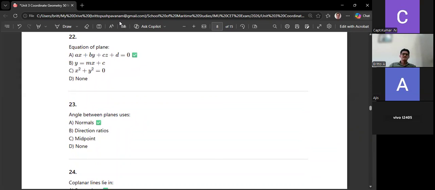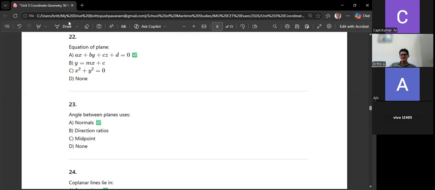So the equation of a plane is ax plus by plus cz plus d. Plane means it should be three dimensions. We have the x-axis, y and z. When three dimensions come, we say that it's a plane. So the equation of a plane is ax plus by plus cz plus d equals 0.